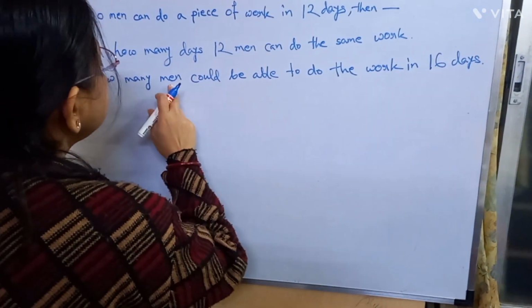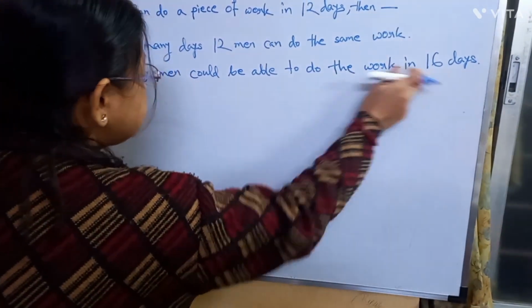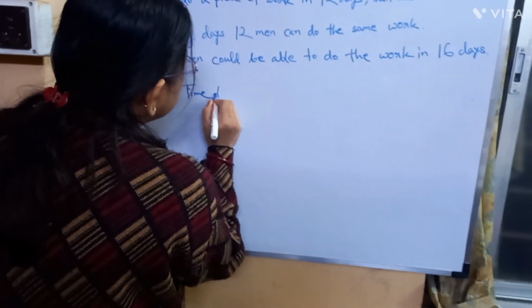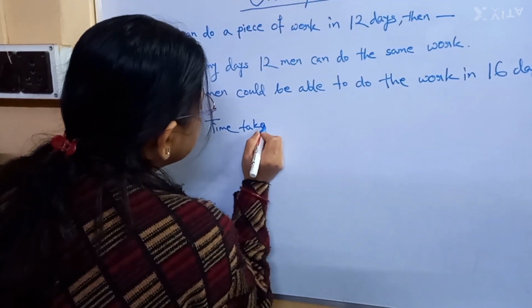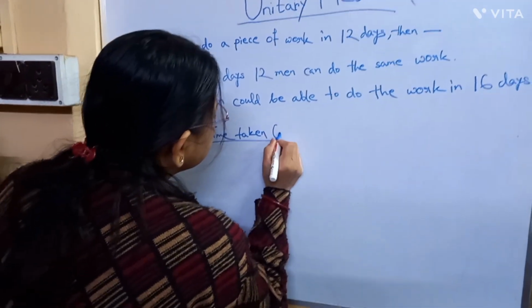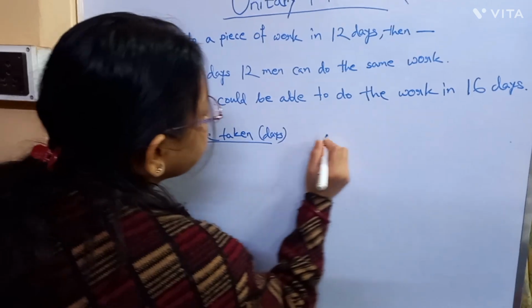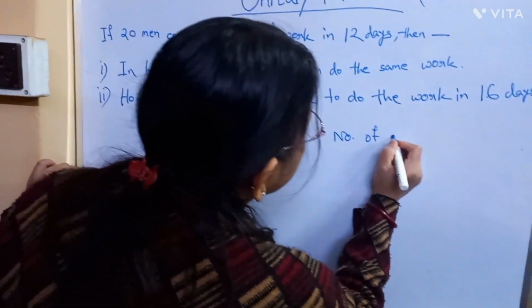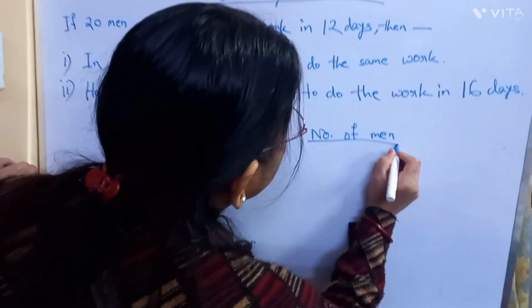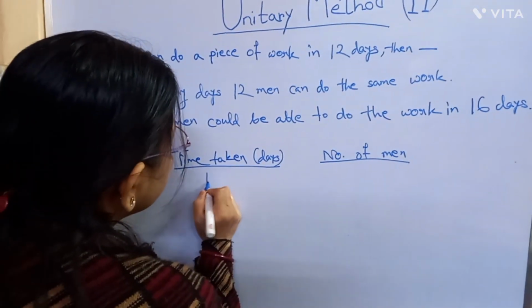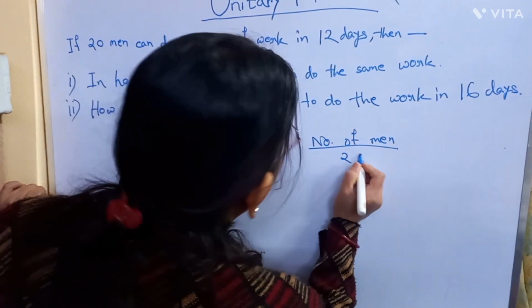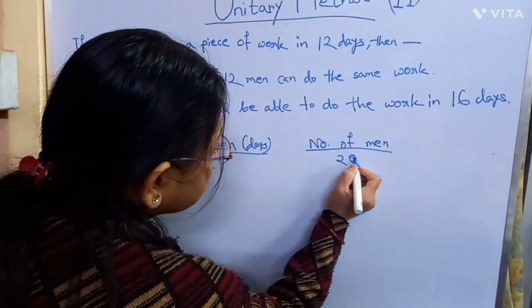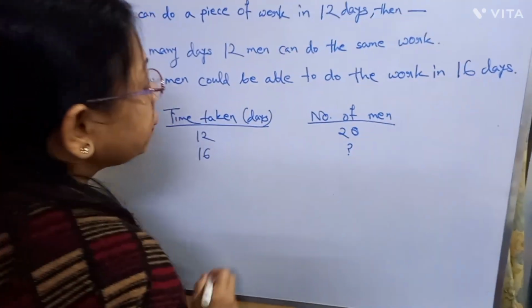Time taken, number of men: 12 days, 20 men; 16 days, question mark.